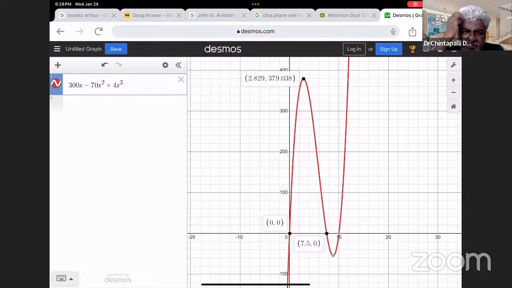So how do we write the range for the inequalities? Range is 0 to this highest value, 0 to 379. Can we write on it? I don't know, you should write. I'll see if this is gonna work.